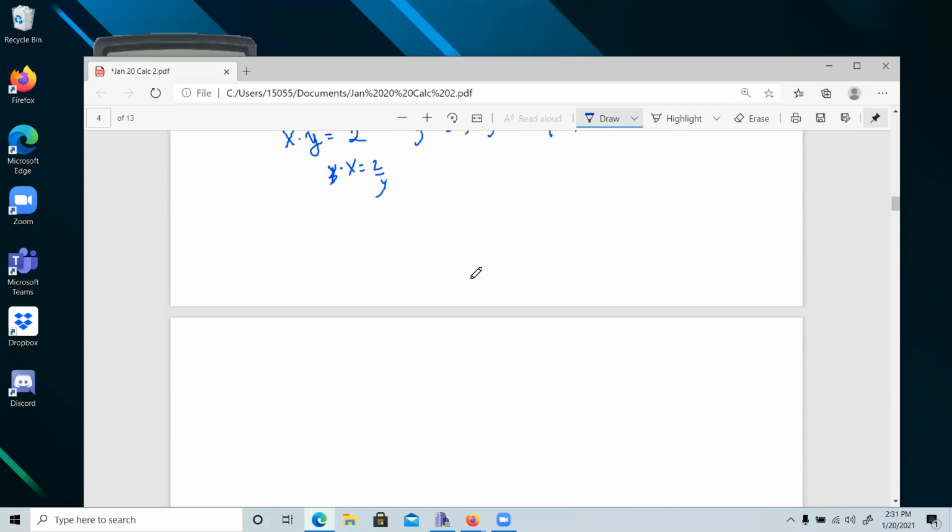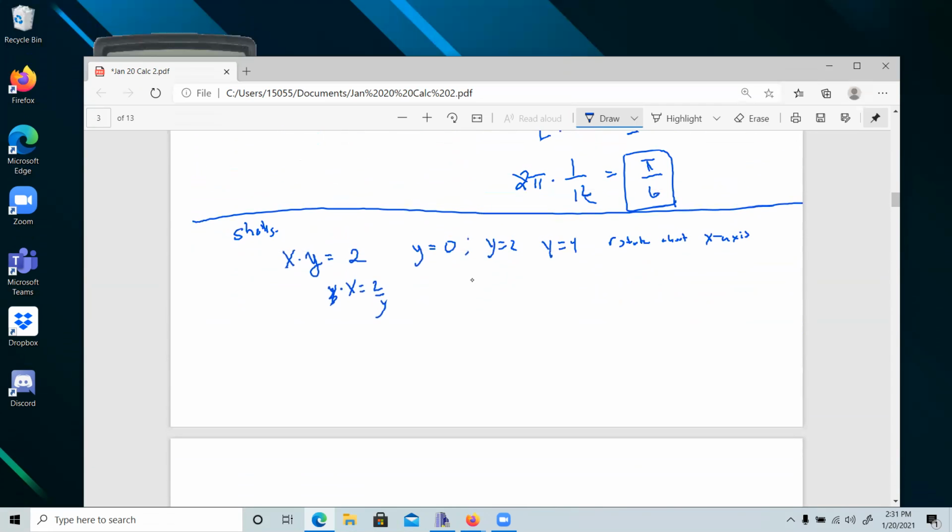So let's draw and figure out what is going on here. y equals 0, so we're just rotating this around. Here is our function, because the way I'm looking at this is y is equal to 2 over x. That's how I'm drawing it, because I can't think sideways like this that fast, but I can think pretty well this way. And we are going from y equals 2 to y equals 4.